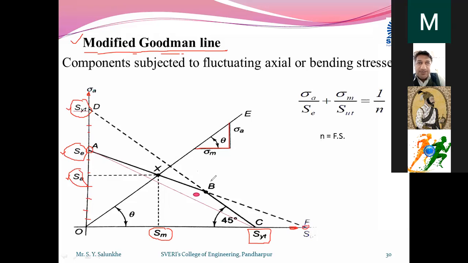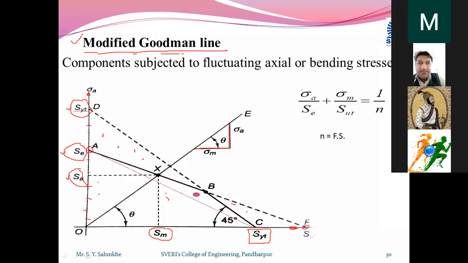Under this polygon, any stress value will give us an infinite number of cycles for that particular component. Above or outside of this polygon A, B, C, O, if you take any value, it will show failure. Any stress value outside, that material will fail for a definite number of cycles which we can measure.